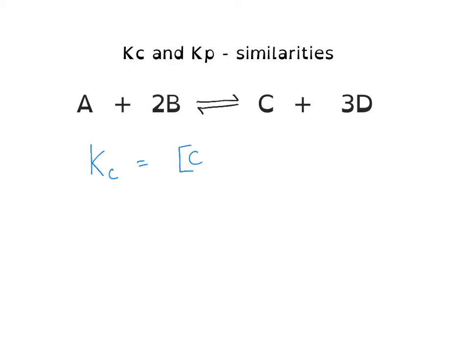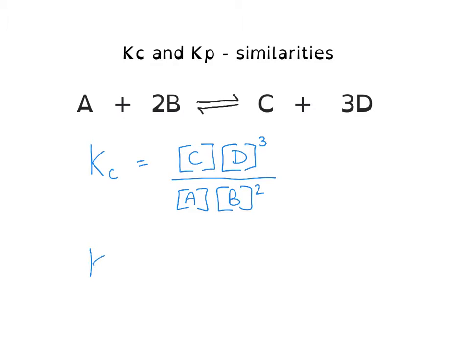We would be using square brackets to show concentration, and where there are numbers in front representing the number of moles in the balanced equation, we would take them into account by, for example, raising the concentration of D to the power 3. And we would then put our reactants on the bottom, so I would have A, concentration of B squared. That's how I would do it for Kc.